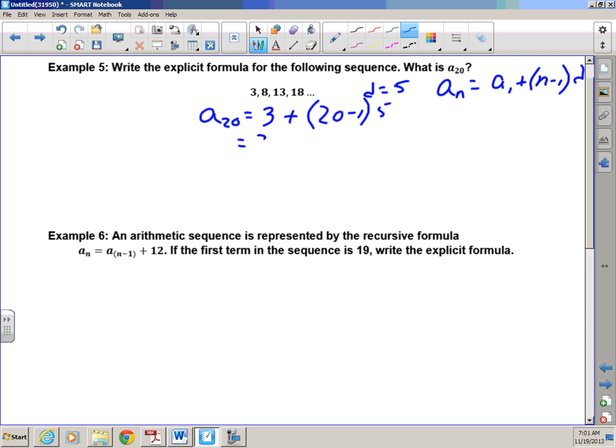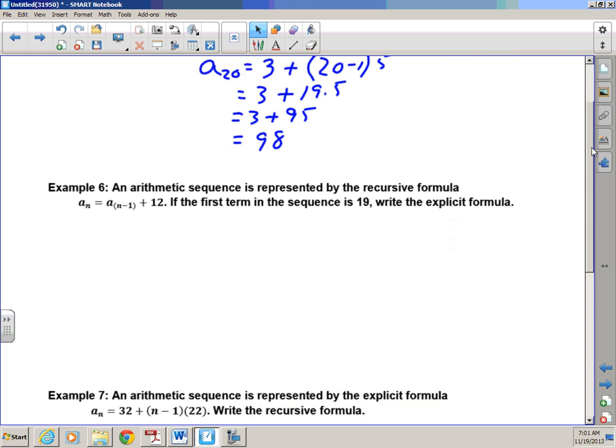D is 5. So the 20th term in the sequence is 98. It's not that far out that you can check it, but I need you to be comfortable with what you're doing with the formula.